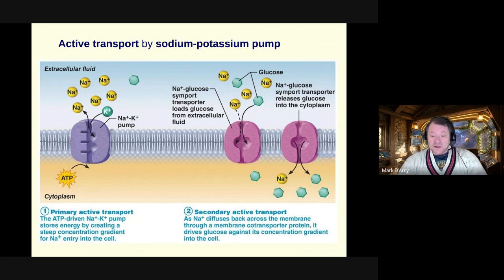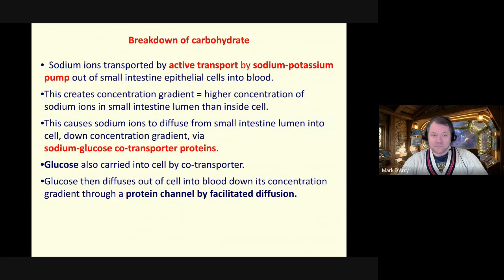The sodium is then allowed back into the epithelial cells through a co-transporter. The co-transporter also has a slot for glucose. So as the sodium rushes into the cells, glucose is pulled along with it in the co-transporter against its concentration gradient, facilitating the absorption of all the glucose in the intestine, more or less.